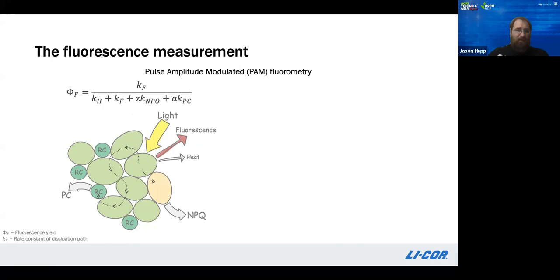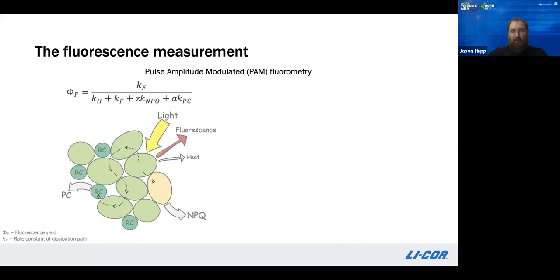And then the other thing that we say here is that the rate constants for non-photochemical quenching and photochemistry are apparent rate constants. So we apply a multiplier to them that describes their state. And those multipliers are Z and A here. I just picked those variables because it's the xanthophyll cycle that primarily makes up NPQ, and for photochemical quenching or photochemistry, it's controlled by the state of QA.